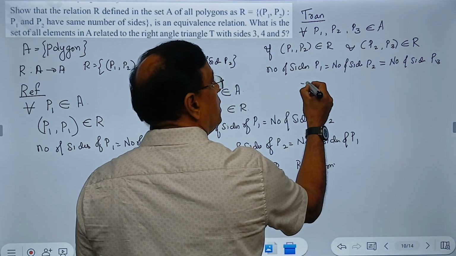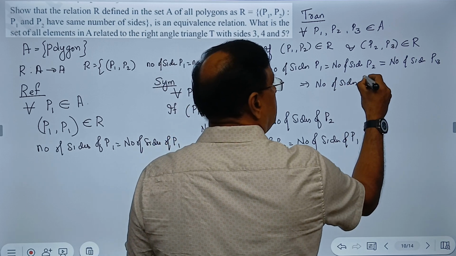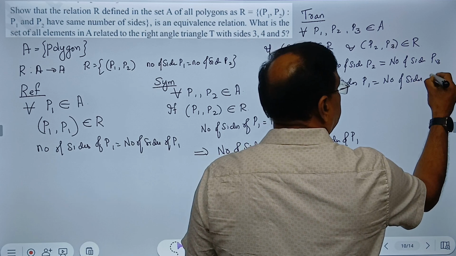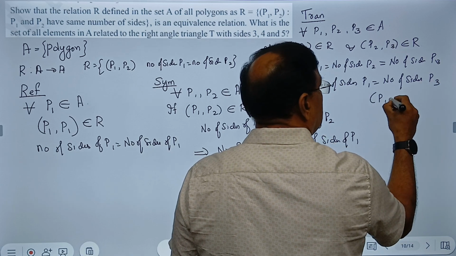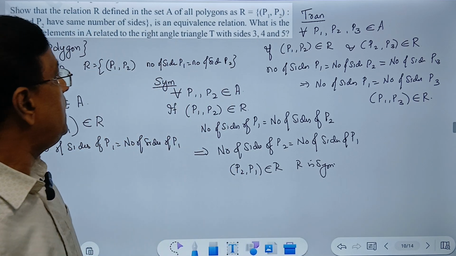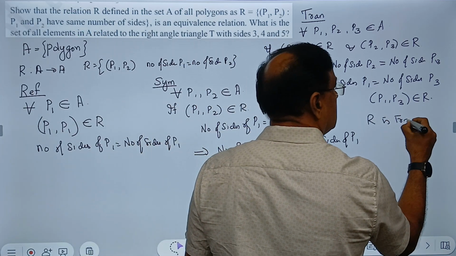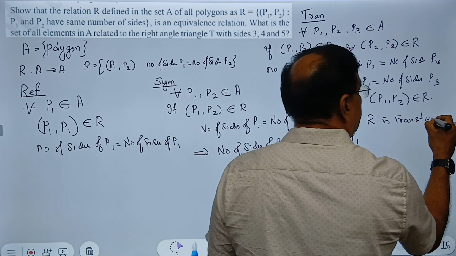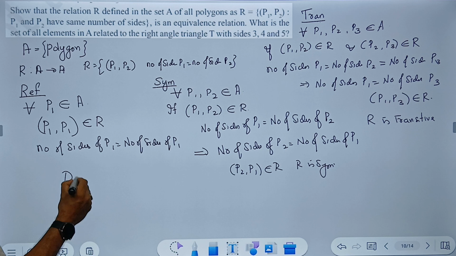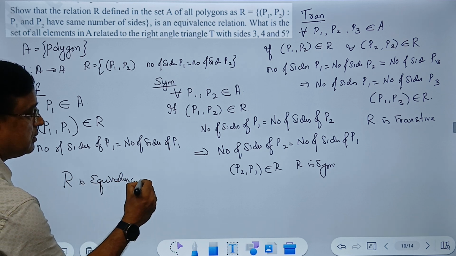So from this you can say the number of sides of P1 equals the number of sides of P3. So (P1, P3) belongs to R. Therefore, R is transitive. Now that you know R is reflexive, symmetric and transitive, R is an equivalence relation.